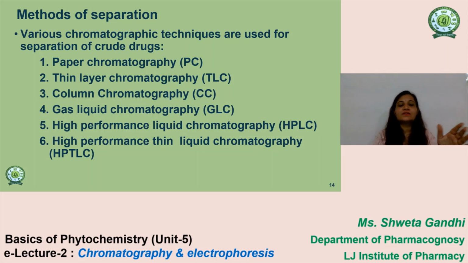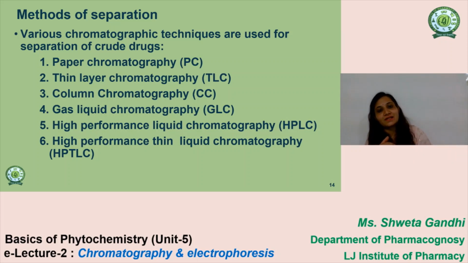Now, different methods of separation. Before this, we have studied the isolation and purification methods. In that we have studied fractional crystallization, fractional liberation, steam distillation, and counter current distribution. Now, the main modern analytical techniques, the chromatographic techniques we are using: first is paper chromatography, then thin layer chromatography, then column chromatography, then gas liquid chromatography. Nowadays we are also using the combination of two, that is mass spectrometry and gas liquid chromatography.